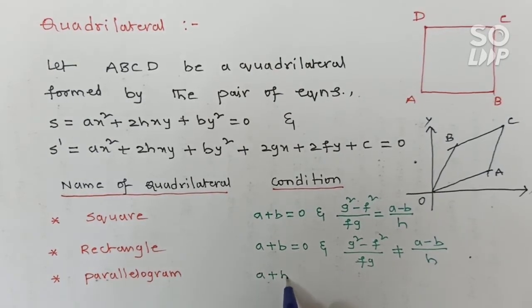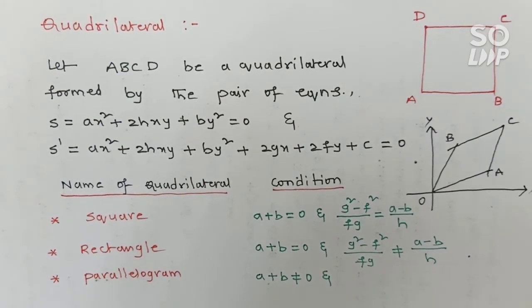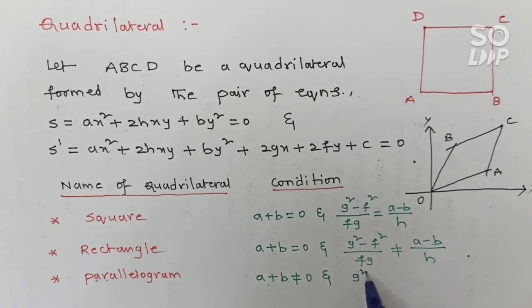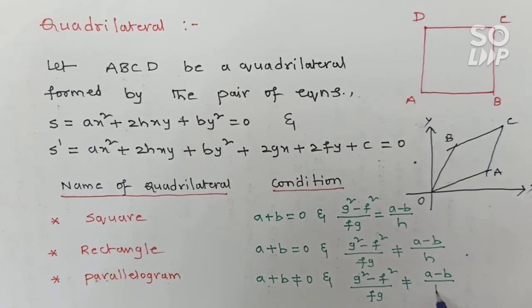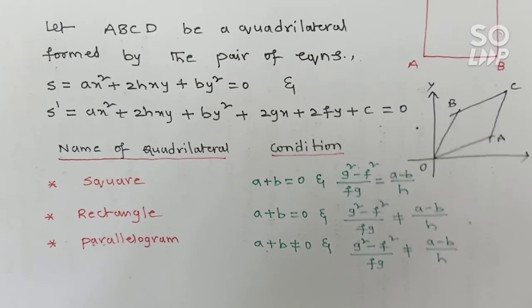That means a + b ≠ 0 and (g² − f²)/(fg) ≠ (a − b)/h. This is the condition for the parallelogram.